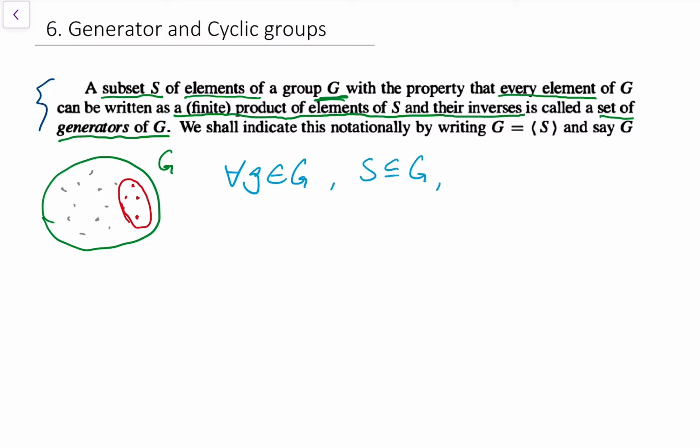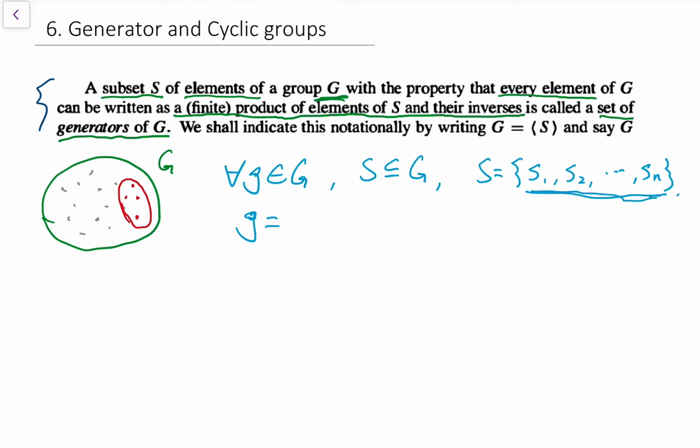Okay, so this means for any element of a group G, and there is a subset of G, then we can write the set contains the elements S1, S2 until Sn. Okay, if those are the generators of this group, then G can be written as the finite product of some elements or the inverse of those generators.